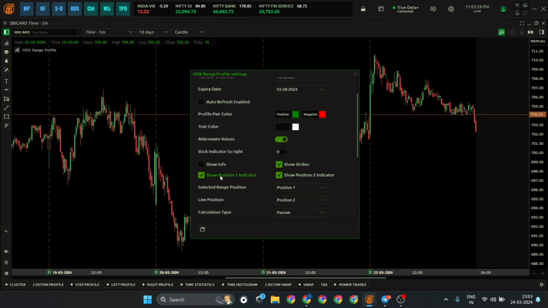Coming to show position 1 and position 2, you can enable only one, either position 1 or 2, because we use a selected candle. As you all know, smart money, smart players or operators will not trade in each and every candle. They trade at specific candles, which we already discussed in our previous video.